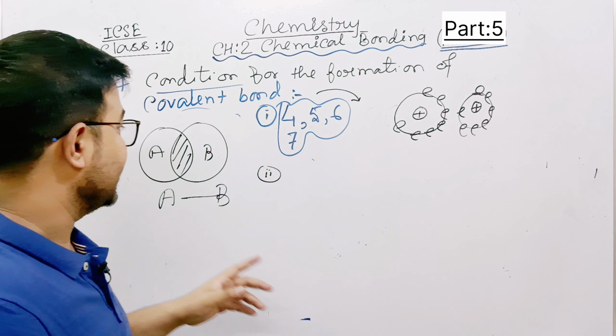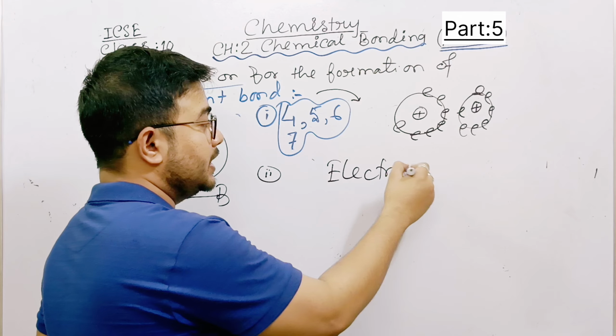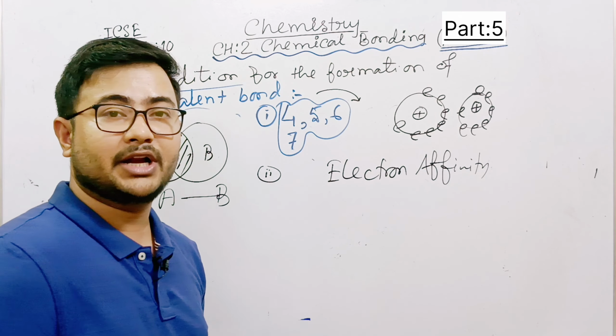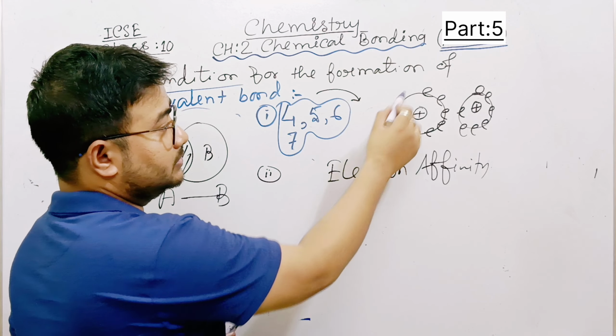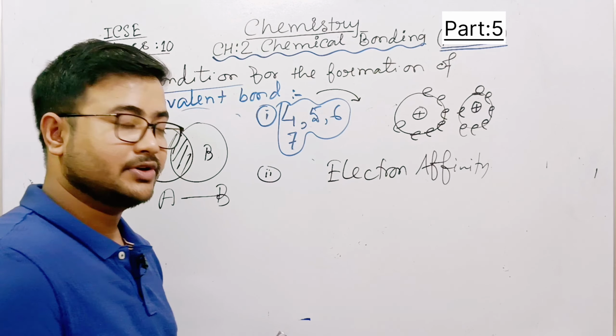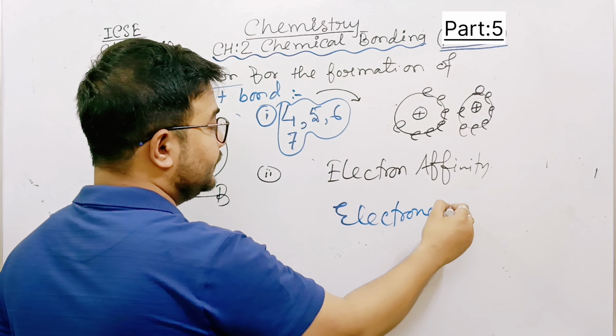So try to understand electronegativity and electron affinity. What do you mean by electron affinity? Like that, if there are 7 electrons, it will try to accept completely; that is known as electron affinity. Now another concept is electronegativity.